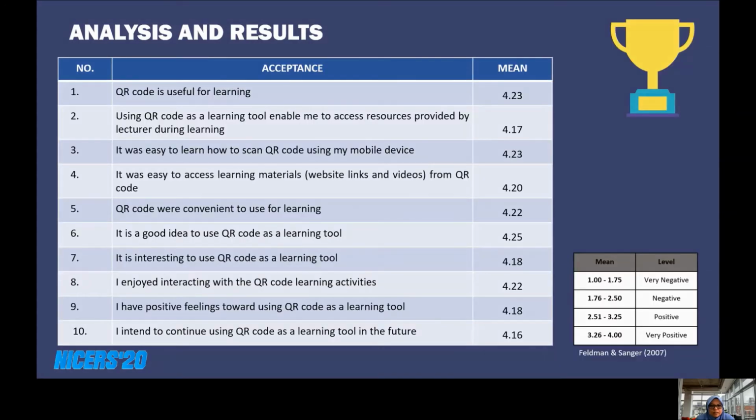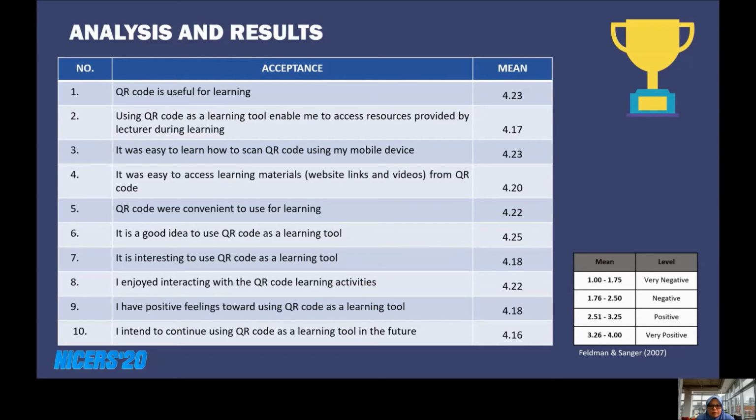The second section is student acceptance of using QR code as a teaching and learning instruction method. The findings on the utilization of the QR code show a positive attitude towards QR code utilization for course-related activity, which ultimately determines their intention to accept this technology.